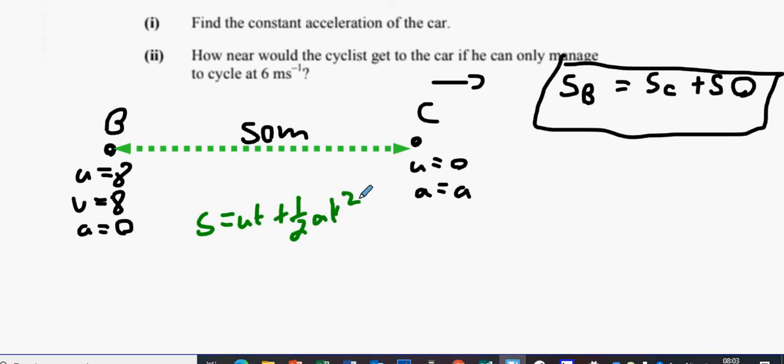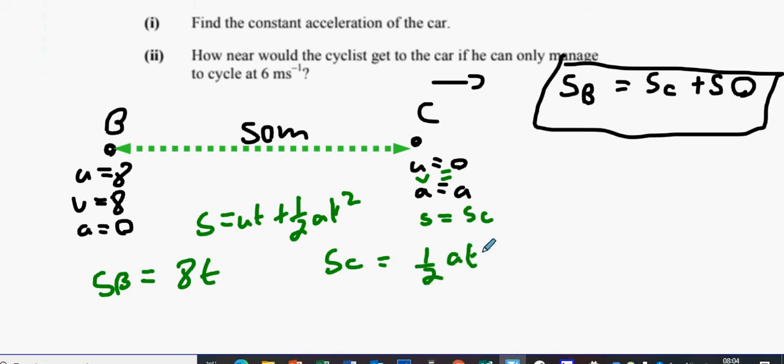What we should get is just 8T for the bike because it has no acceleration. And then SC for the car. V we don't know. S is just SC. And T is T, so it's going to be 0 T, so then it's going to be a half AT squared.